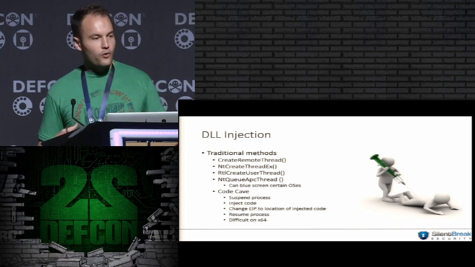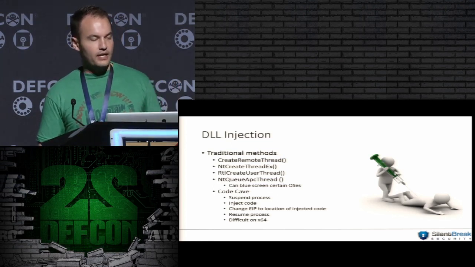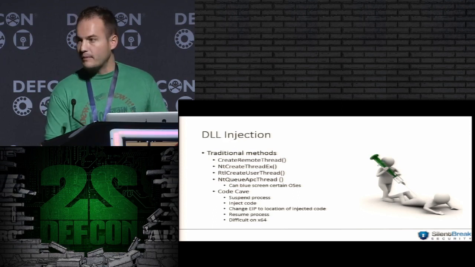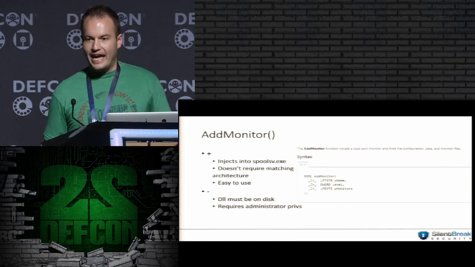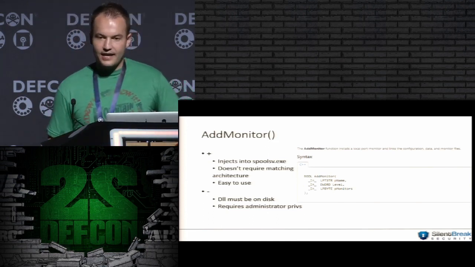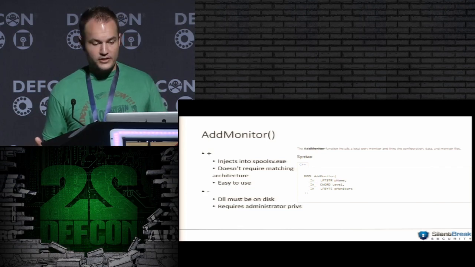Wouldn't it be nice to have another option, besides 1 that's documented and 3 that have very little support by Microsoft? The new one that I found is called AddMonitor, and it's actually a port monitor. It's used to install a port monitor for a printer.